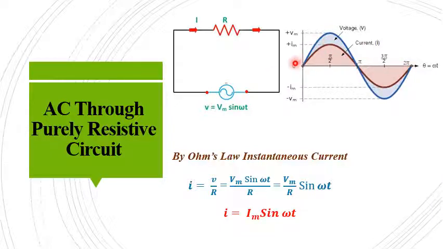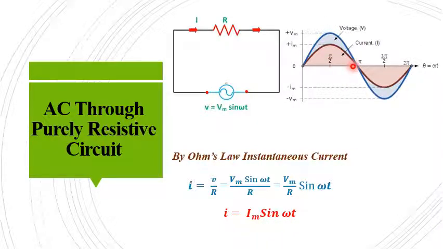Here we can see that both the voltage and the current are in phase because these two quantities attain their peak values at the same instant. The voltage is in terms of sin omega t, the current is also in sin omega t. So both of them are in phase.